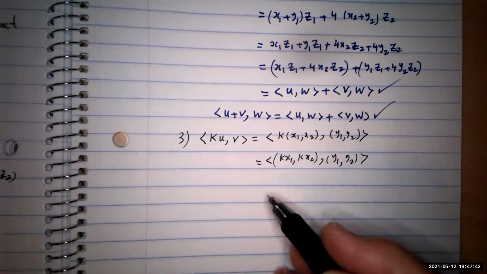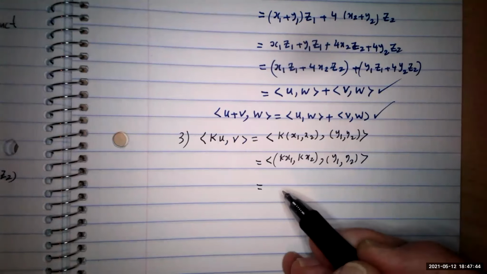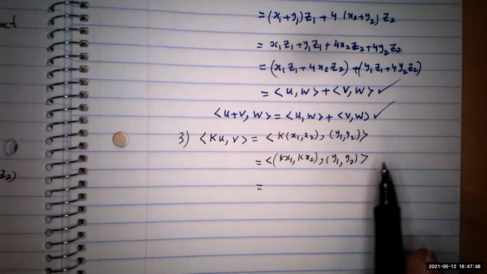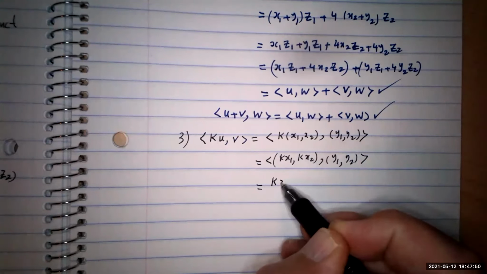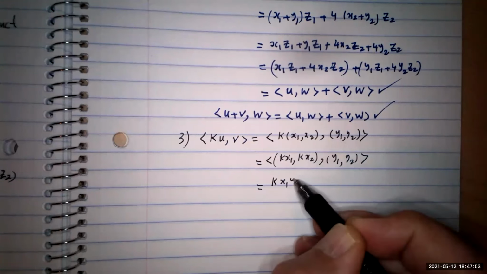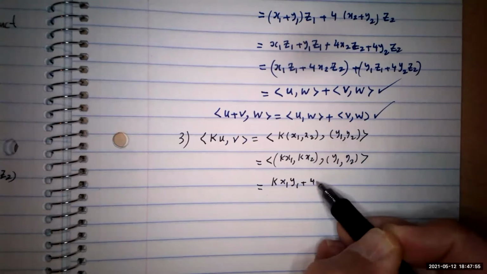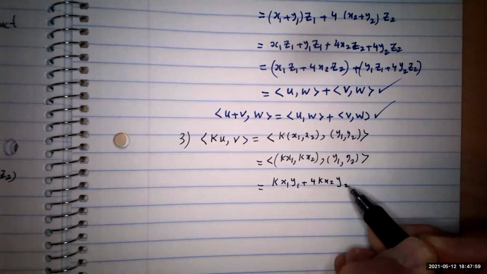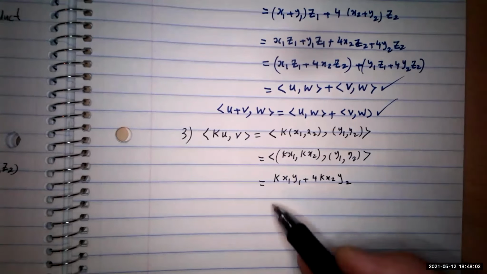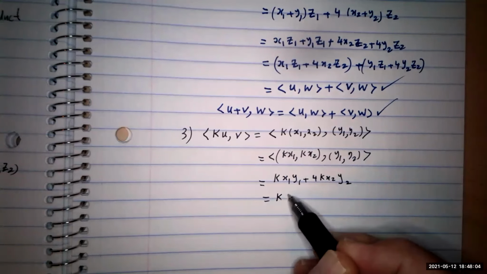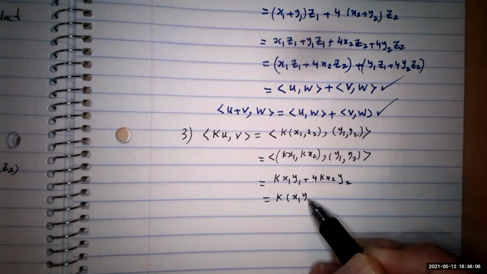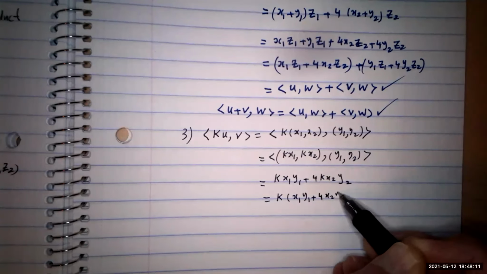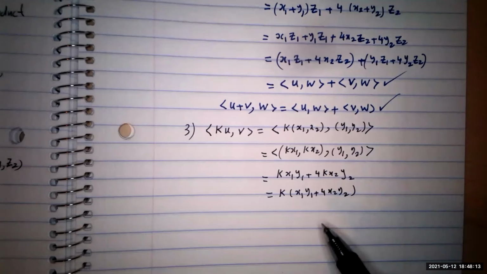Now we can use the definition of the inner product. It's going to be k x1 times y1 plus 4 times k x2 y2. If you factor out the k, that gives you x1 y1 plus 4 x2 y2, which is exactly the inner product.